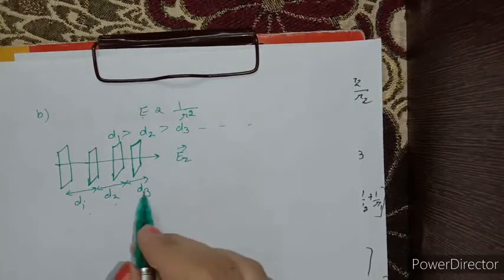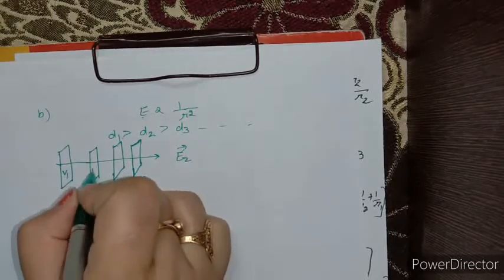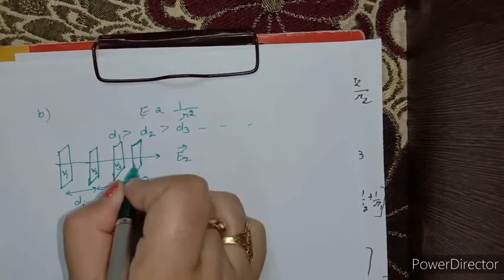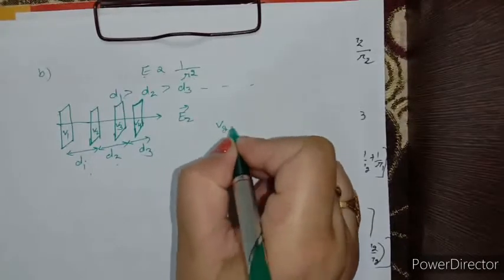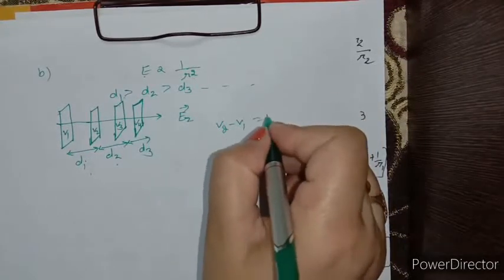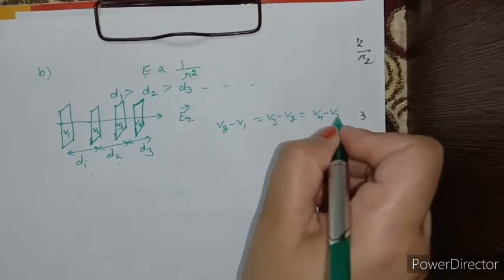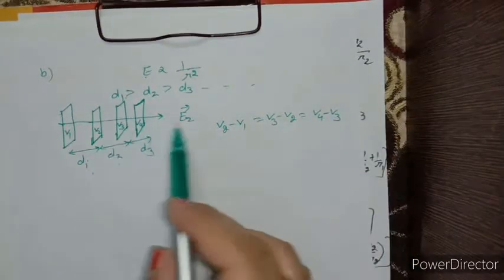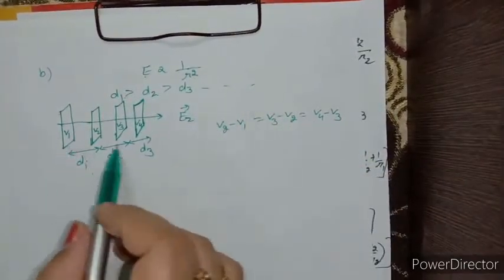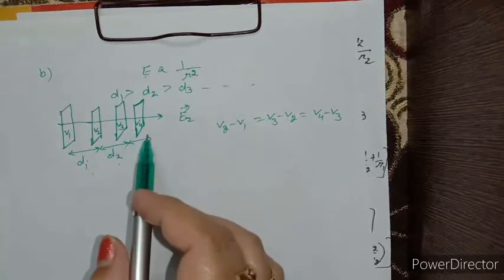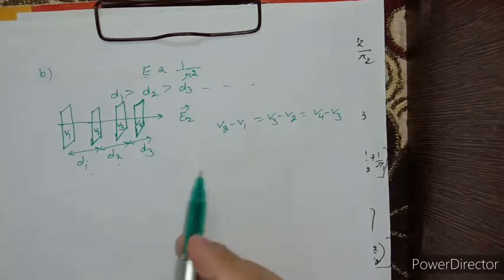D1 is greater than D2 and greater than D3, and these have the potentials V1, V2, V3, V4, and also V2 minus V1 is equal to V3 minus V2 equal to V4 minus V3, right? But the electric field will increase. So the separation between them is not constant. D1 is greater than D2 is greater than D3. This is part B.